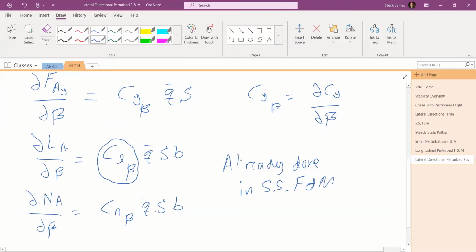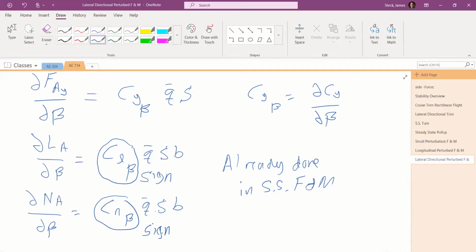So we're done. Except I want you to remind yourself, what's the sign on this for stability? It doesn't hurt to remember that. This is an important derivative, Cn beta. We want this to yaw into beta because that reduces it, right? A positive beta comes in from the right side. We want it to yaw toward that direction, which reduces beta. How about the sign on Cl beta?